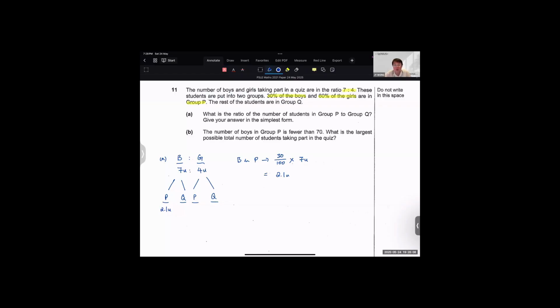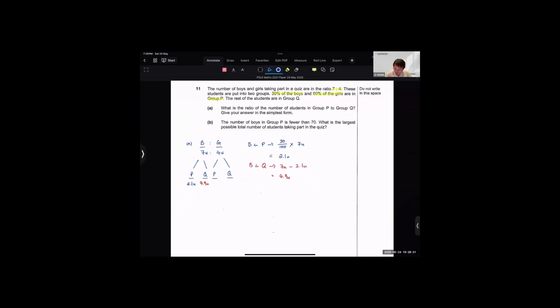And once you find B in P is 2.1U, you can actually find the number of boys in Q, right? It is just your total of 7U minus 2.1U to give you 4.9U. And you will repeat the same process for girls.